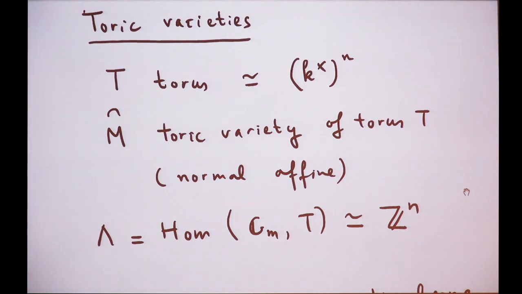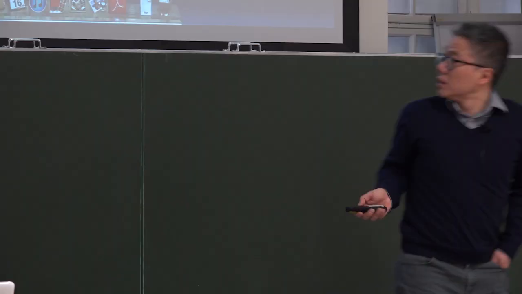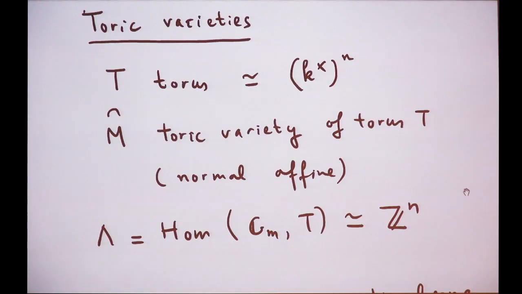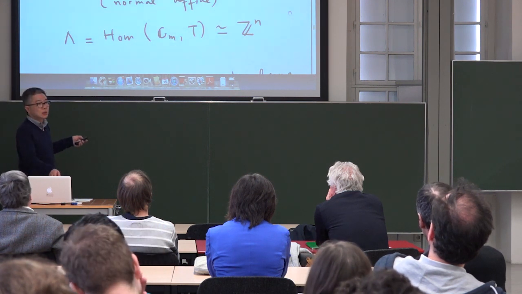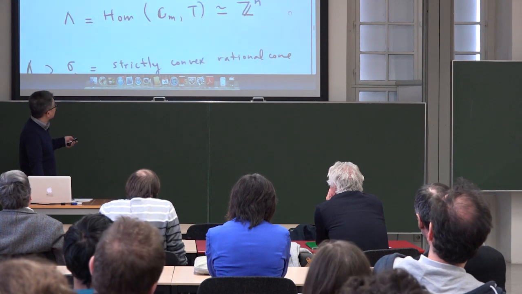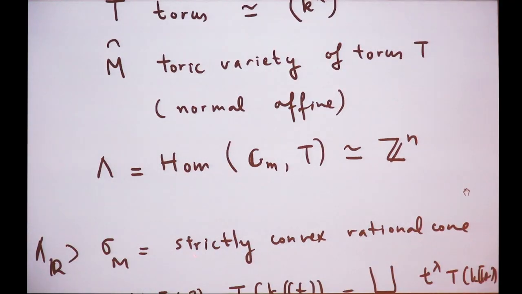And here I just look at the simplest ones, with normal embedding. So normal toric varieties can be very easily classified by combinatorics. The torus is controlled by the group of co-characters, homomorphisms from multiplicative G_m to T. And the toric variety is given by some strictly convex rational cone, sigma.